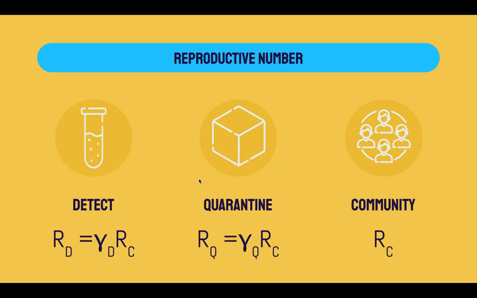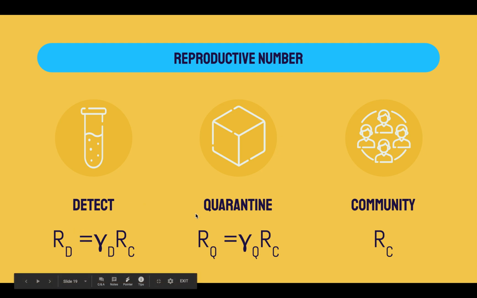Another way to think about these numbers, the effective reproduction number for the detected, quarantine, and community groups, would be via these equations where you've got some gamma_d times your reproductive number in the community and a gamma_q times the reproductive number in the community.